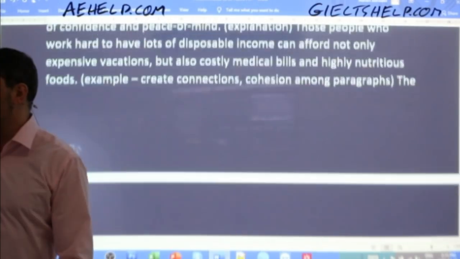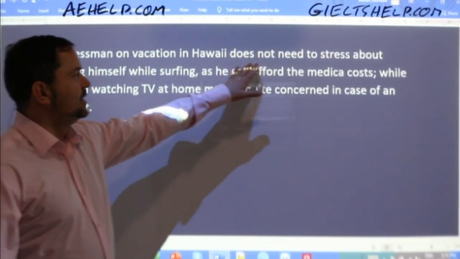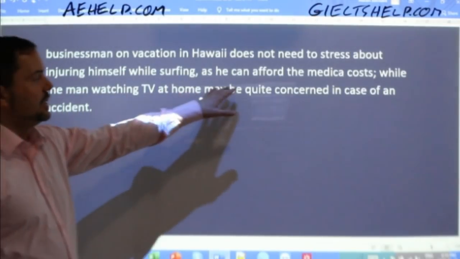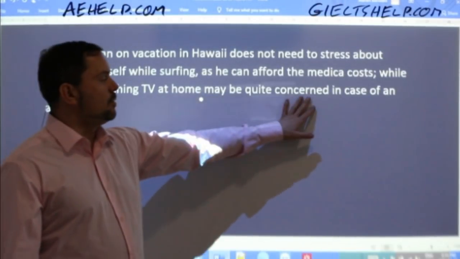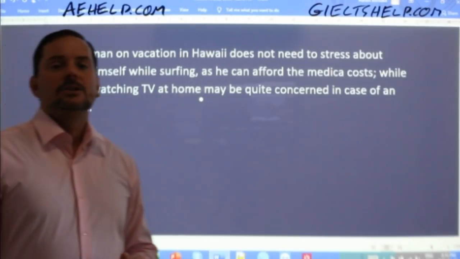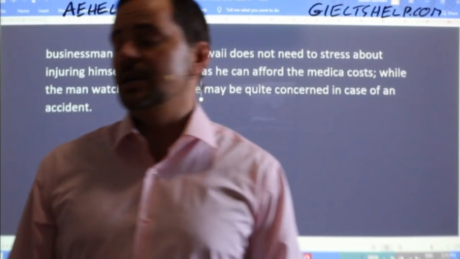So the businessman on vacation in Hawaii with his family does not need to stress about injuring himself while surfing, as he can afford the medical costs, while the man watching TV at home may be quite concerned in case of an accident. Okay, so far so good. Lots of coherence, lots of cohesion.